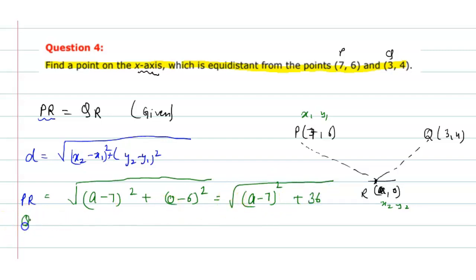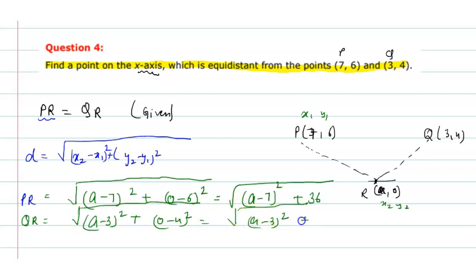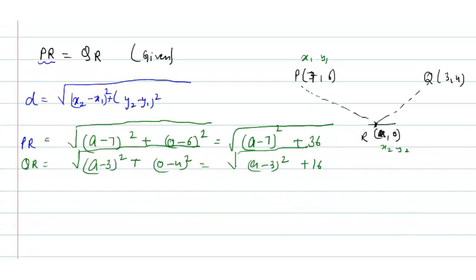And QR is equal to the root of (a minus 3) squared plus (0 minus 4) squared, which is the root of (a minus 3) squared plus 16. Now equate these according to the question.